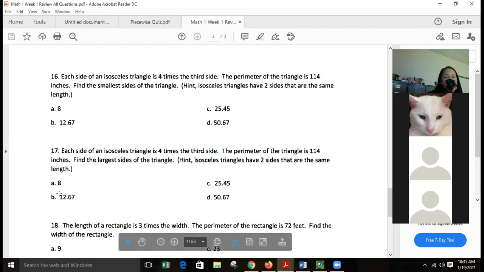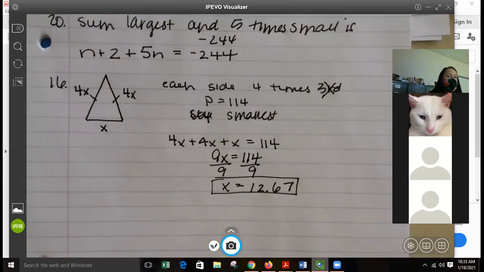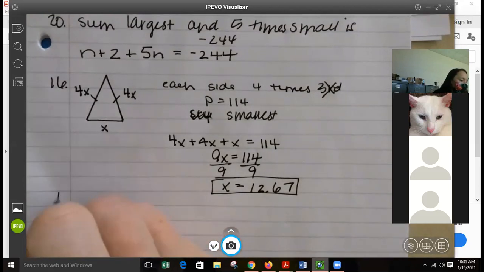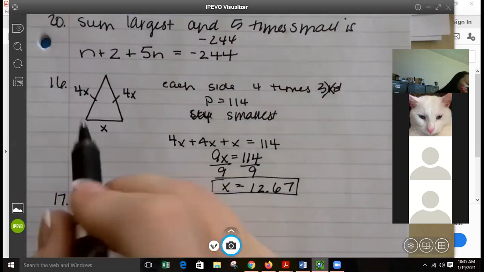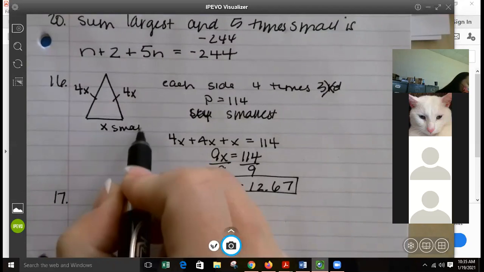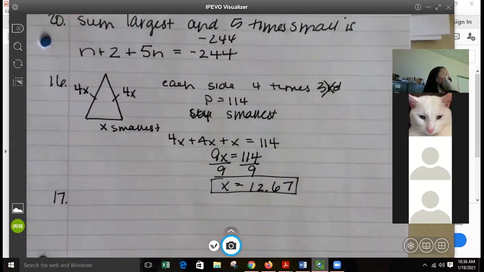So how would I find the largest? If X was the smallest, and these are the same, which one is the largest?